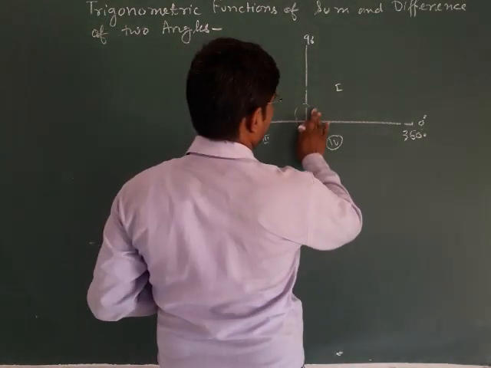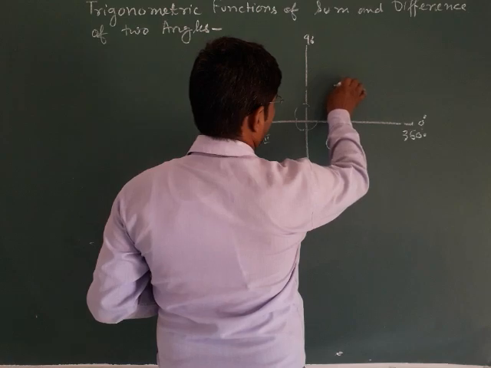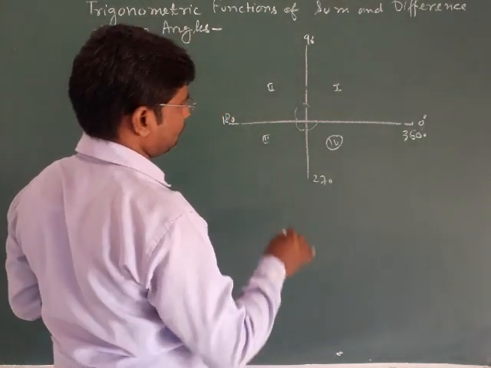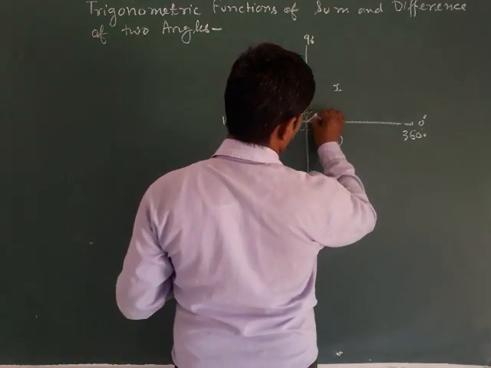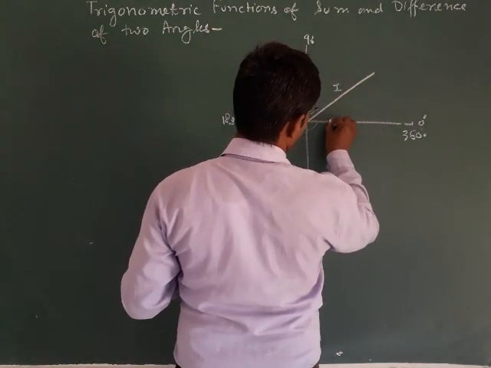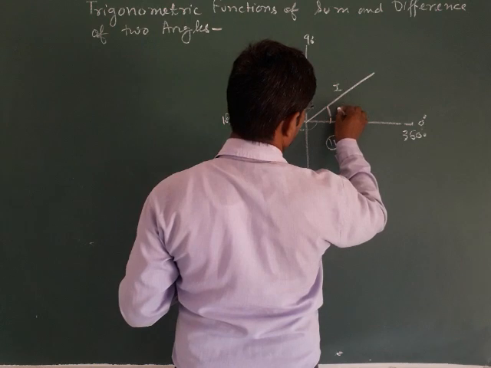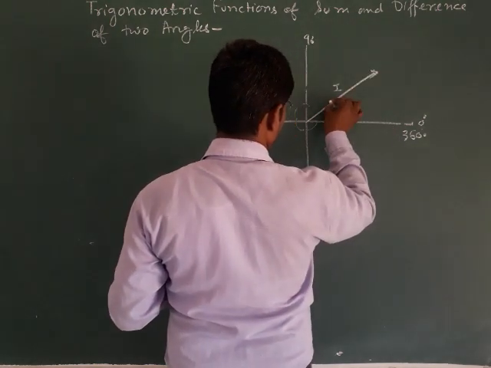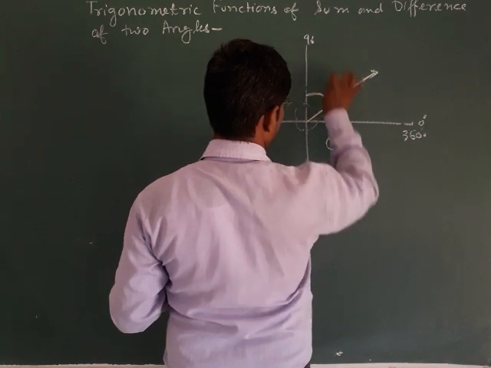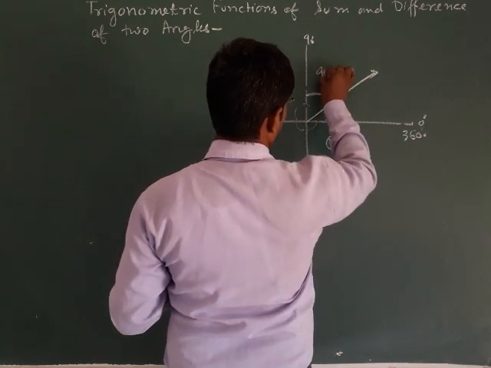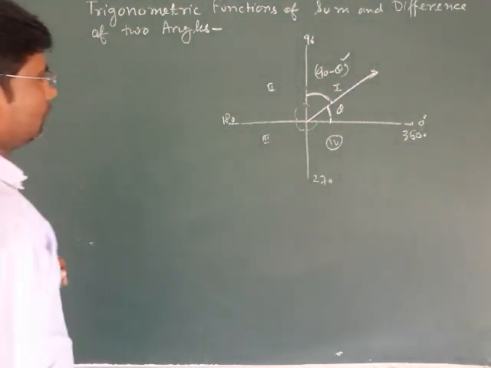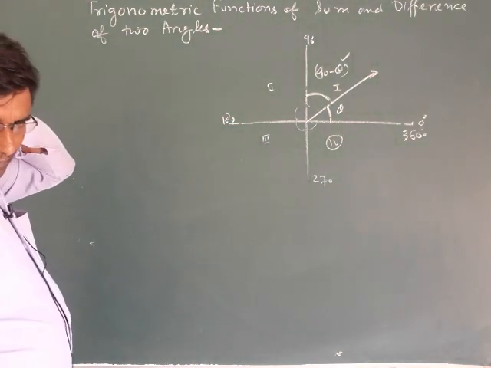Now I will discuss the first quadrant. If any particle moves from 0 to theta degree, it makes angle theta. So this angle 90 minus theta is an acute angle and lies in the first quadrant.